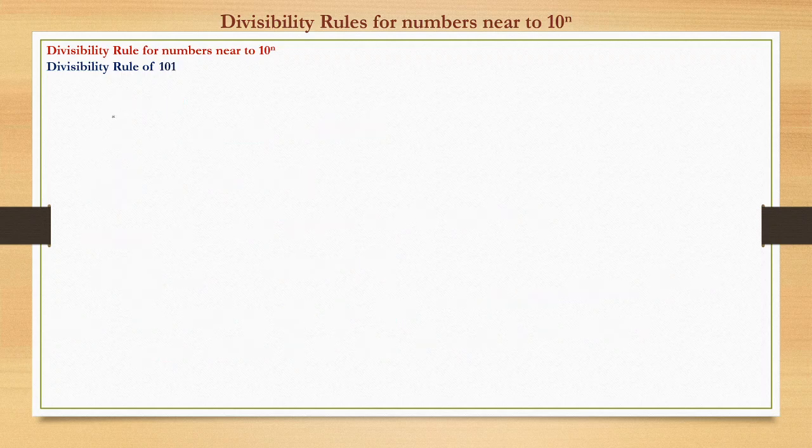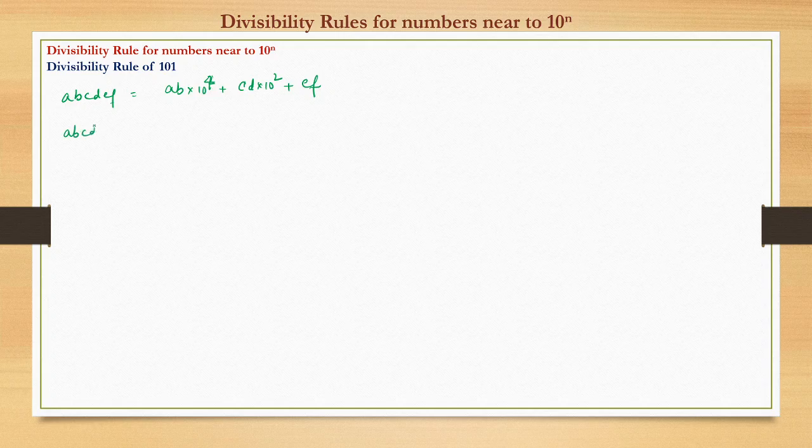And then similarly for 101, again if it is abcdef, let us remove g first. So this we can write as ab into 10 raised to power 4 plus cd into 10 raised to power 2 plus ef, right?